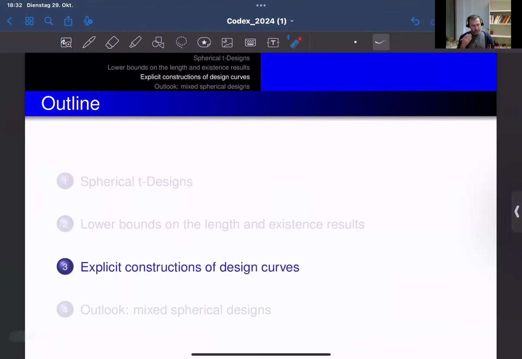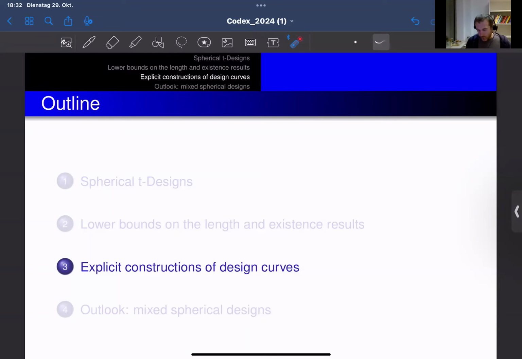Now we have discussed a little about sequences of curves, essentially derived as unions of little circles on the sphere. Of course, we should really also look for, given some fixed t, what are nice t-design curves.